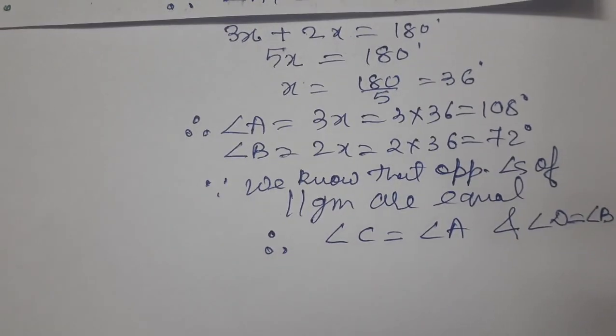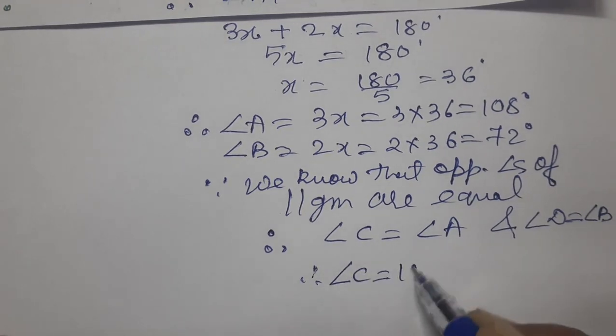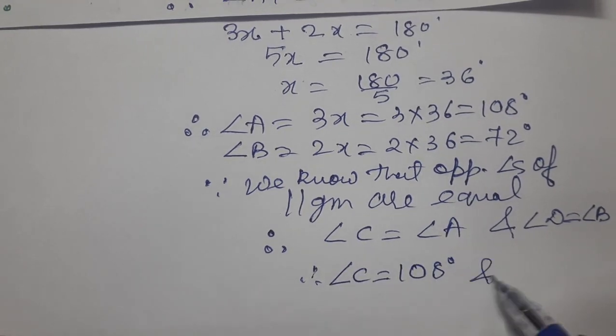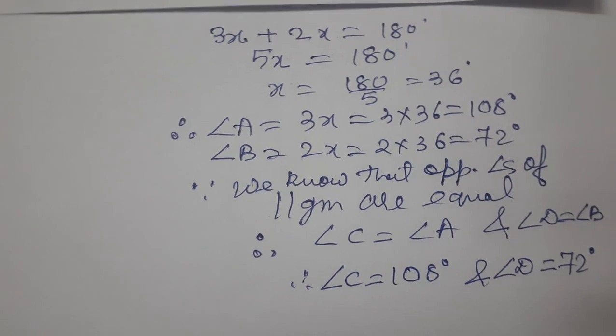Therefore angle C equals, what is angle A? 108. And angle D equals angle B. What is angle B? 72. So we got all the angles.